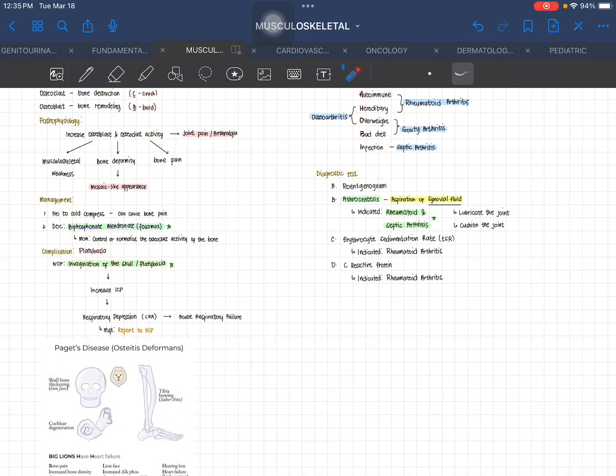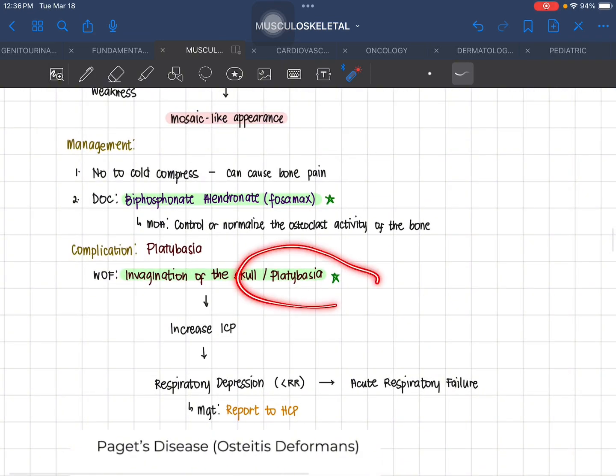So, tatandaan natin, yung brain natin, wala na siyang room for space. Like, kung ano lang siya, enough na yun. So, kapag si patient naka-experience na ng thickening ng skull, o di kaya, nagkaroon ng invagination of the skull, o tinatawag na platybasia, mag-i-increase yung intracranial pressure mo.